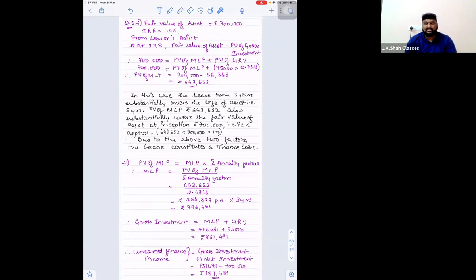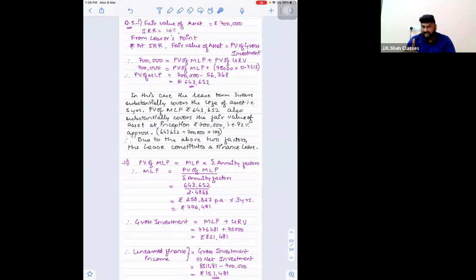Technically, when we are at IRR, the present value should be equal to the fair value of the asset. But that is not the case here, because the fair value of the asset is 40 lakh and the present value of the gross investment is only 28 lakh. So technically there is scope that after this lease gets over, it will be given to some other person and the balance part will be recovered from them.